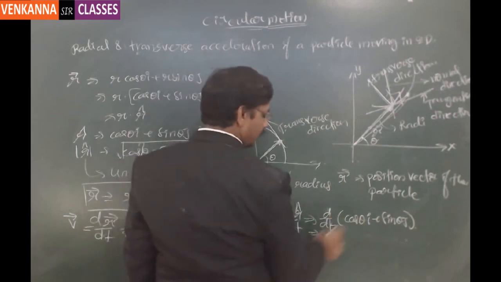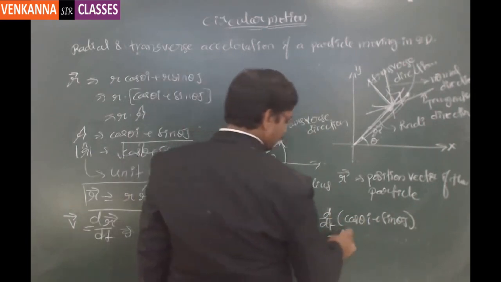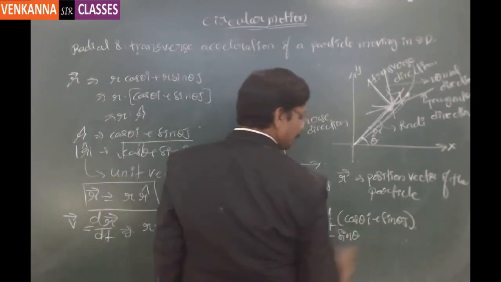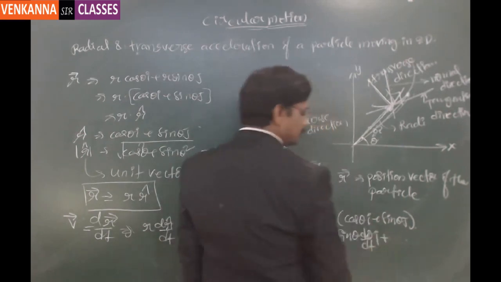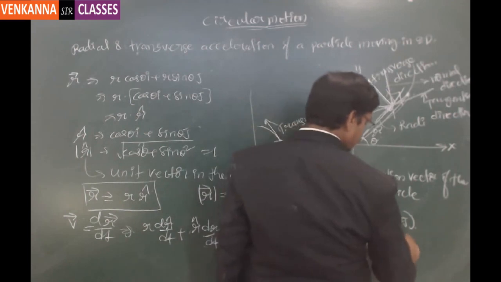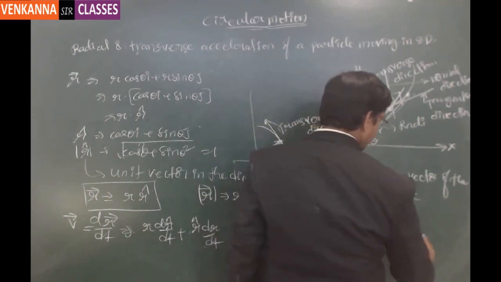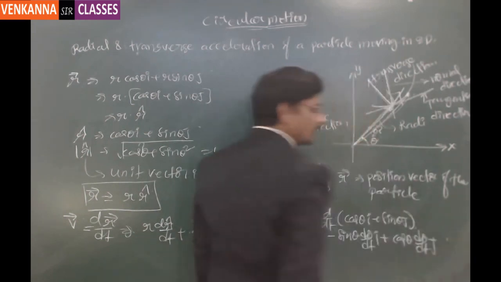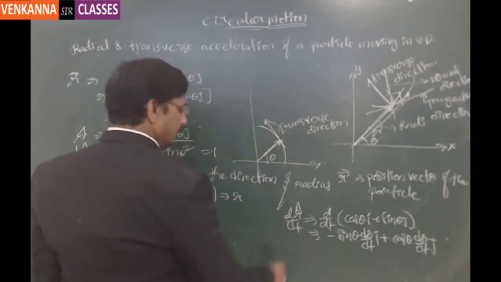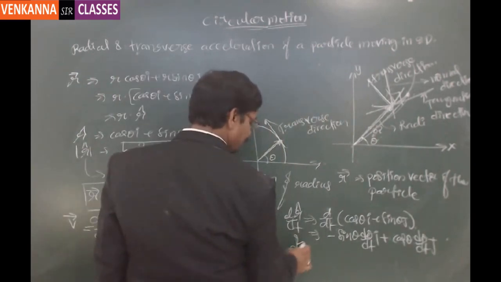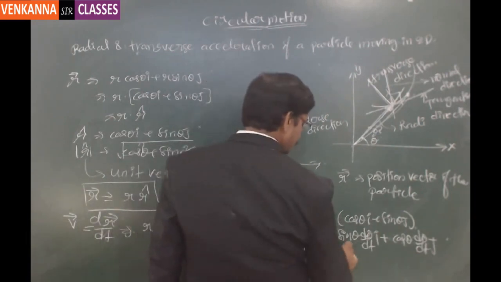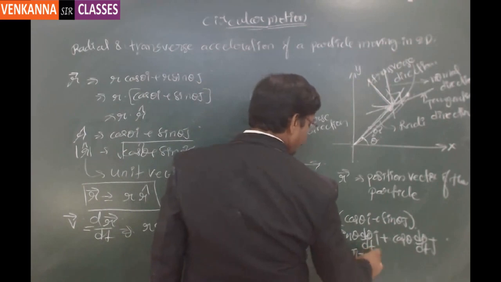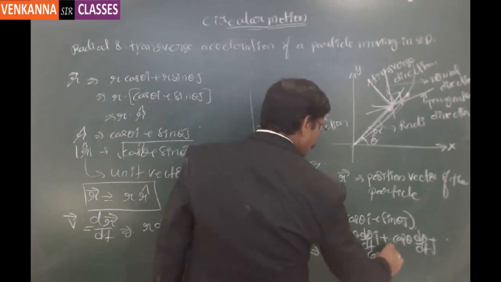The derivative of cos theta is minus sin theta into d theta by dt into i, plus the derivative of sin theta, which is cos theta into d theta by dt into j. Then I can simplify this as dr cap by dt equals minus sin theta i plus cos theta j.